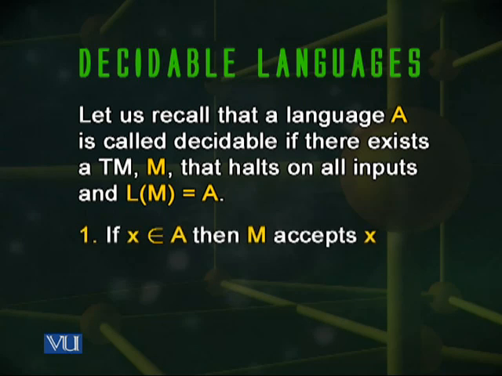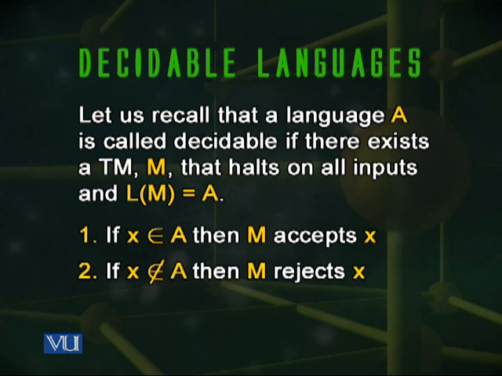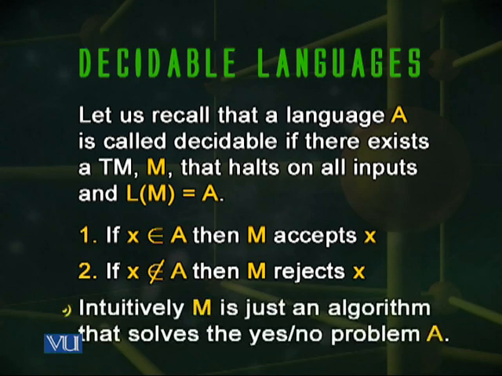In other words, if x is in A and I run the Turing machine on input x, M must accept this input, and if x is not in A, then M must reject this input. Intuitively, M is just an algorithm that solves the yes-no problem A. So, that is the precise definition of what a decidable language is.